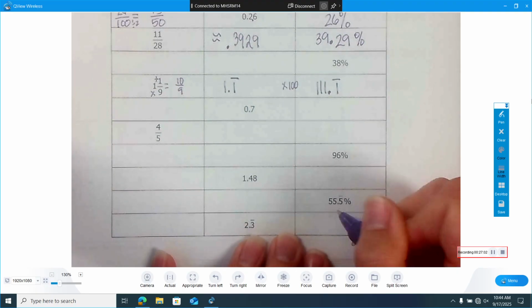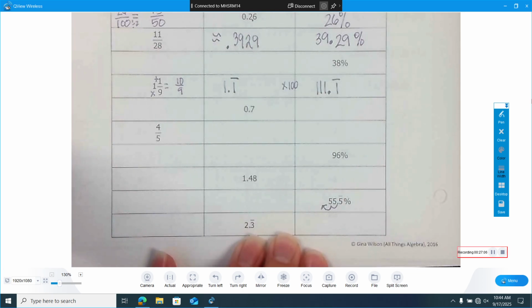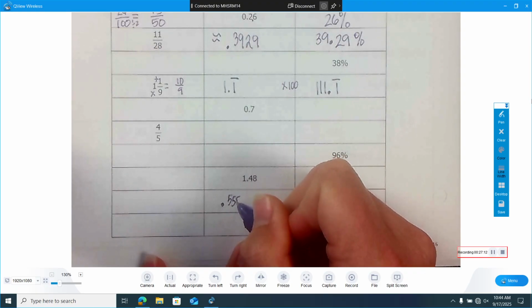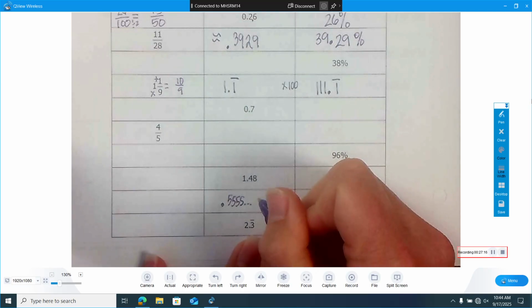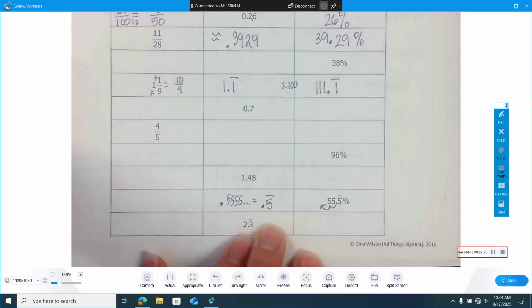Divide by 100, which effectively moves our decimal 2 places smaller, so we get 0.555555 repeating. I think I'm just going to make that 0.5 repeat. Can I do that? Because the 5 is just repeating over and over and over.